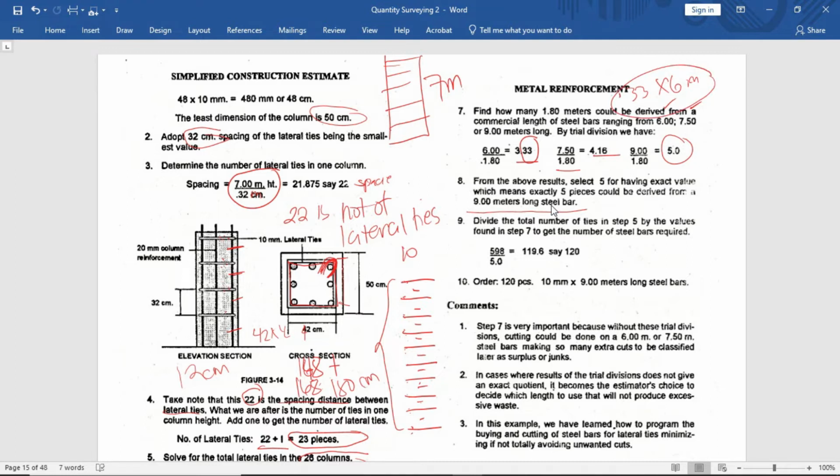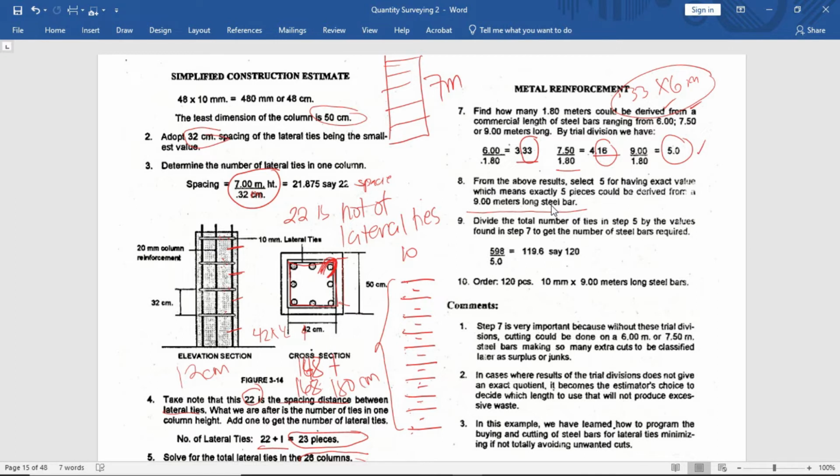Spares na yun. Sobra na yun. Parang hindi na natin magagamit para sa lateral ties na iba. Kaya sayang rin kung gagamit lang tayo ng 6 meters. Kung 7.5 meters naman, medyo mas maliit nga lang, pero may sobra pa rin tayo. Kaya hindi pa rin siya. So, mag-try tayo ng 9. Lumabas 5 pieces yung makukuha natin na 1.8 meters. So, 9 meters yung bibilhin natin.